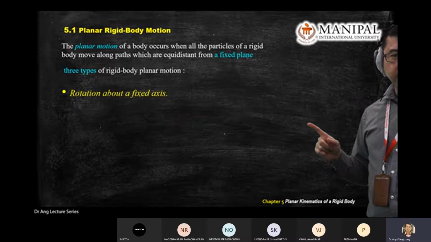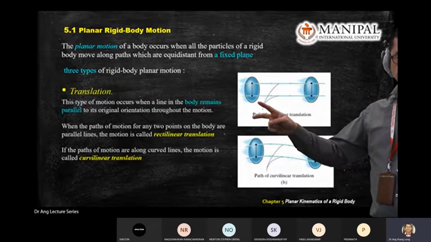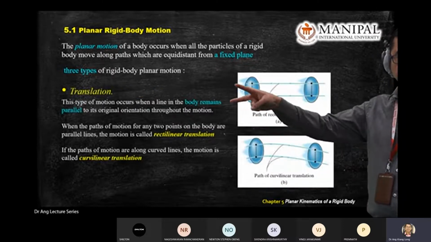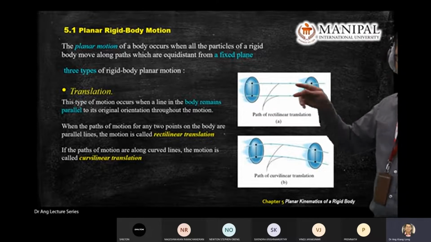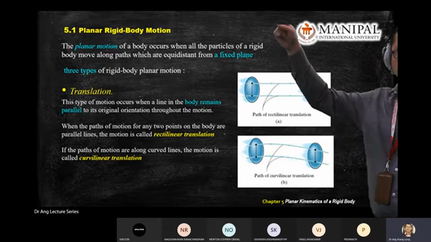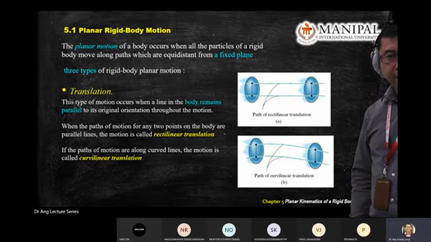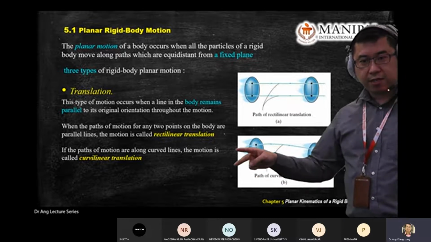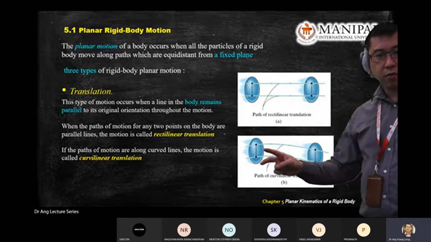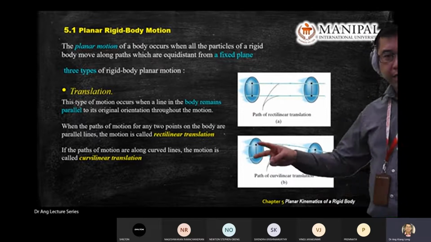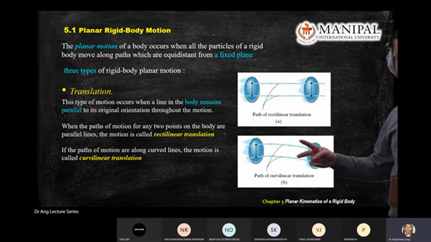Same with the translation. Translation normally moves to the right, x-axis is positive, moving up is positive. In curvilinear, we follow the motion direction.